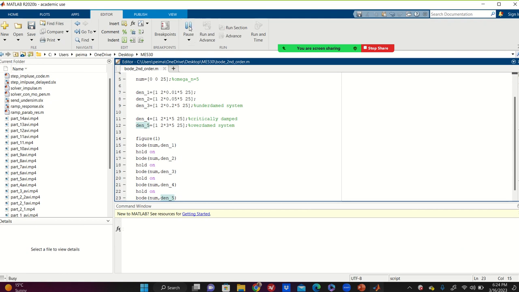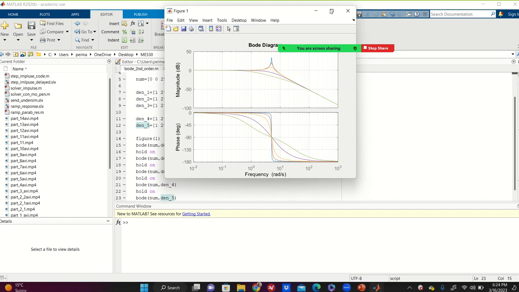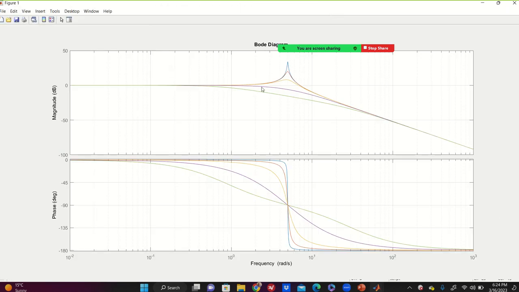So when you do that, as in the step or ramp or parabolic or impulse, there's no overshoot. See that, this purple line is for the critically damped, no overshoot or peak. Or in here, no overshoot, okay, for the overdamped system. Understood, everybody?